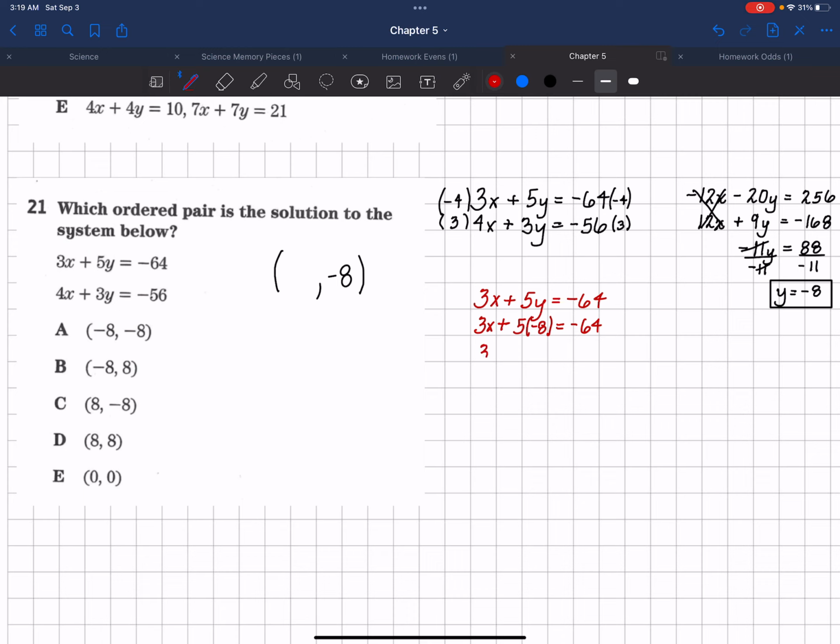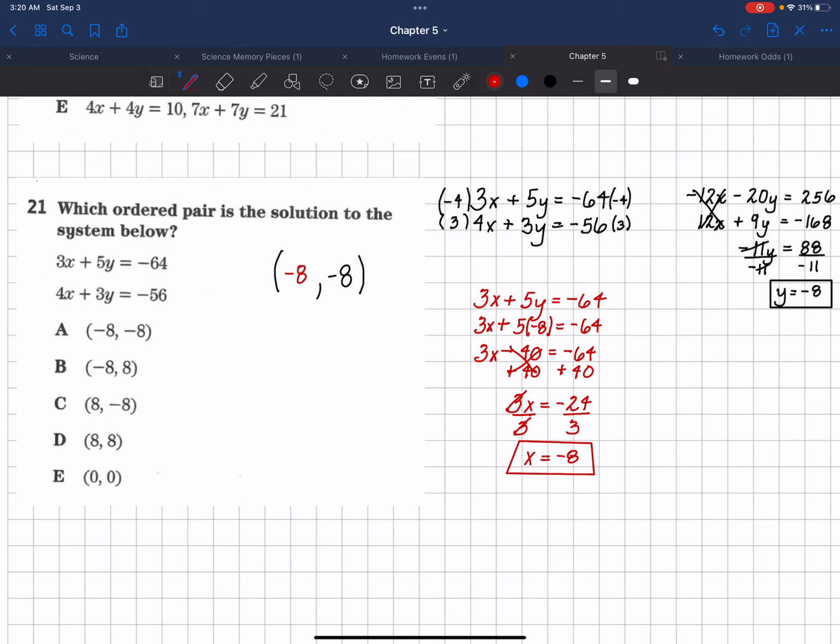And you'll be left with 3x minus 40 is negative 64. So add 40 and 40 and cancel. So 3x is negative 24. Divide by 3 and cancel. So x is negative 8. And that gives me the other piece of that point, the negative 8.